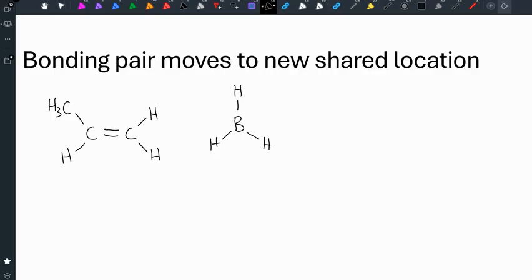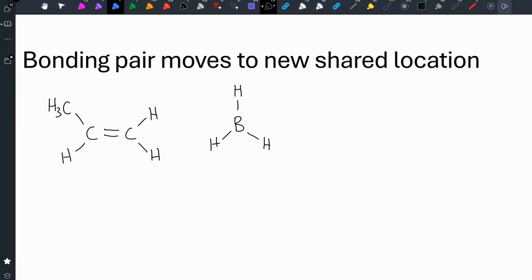But let's imagine I had these two molecules. These carbons, if we're imagining what their relationship is like, they're sharing these two pairs of electrons. They have a double bond. And that second pair of electrons, one of them is going to say, you know what, I'm breaking up with you and I'm taking these electrons and I'm going to go start a new relationship.